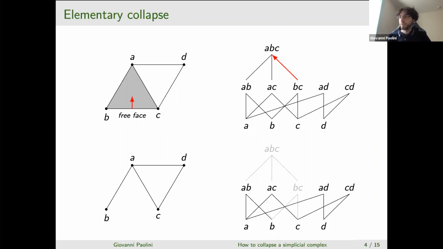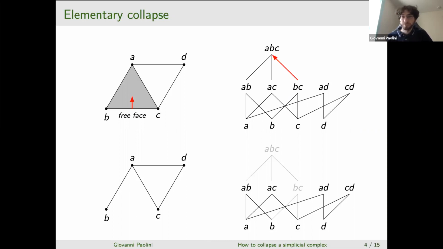And this preserves the homotopy type, but basically destroys two of the simplices in your complex. So the complex becomes smaller and hopefully easier to understand.